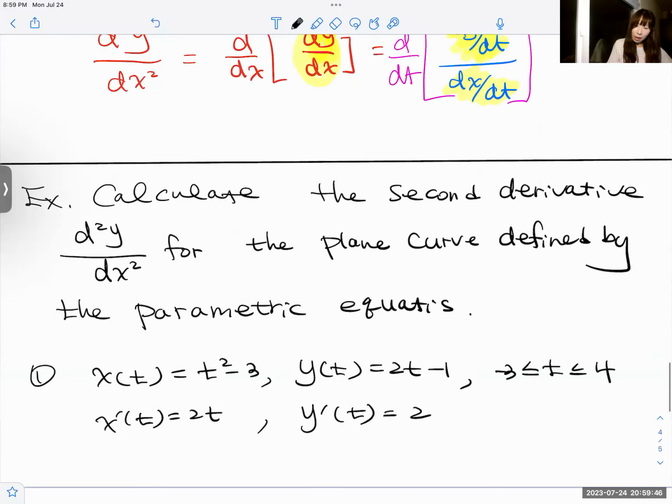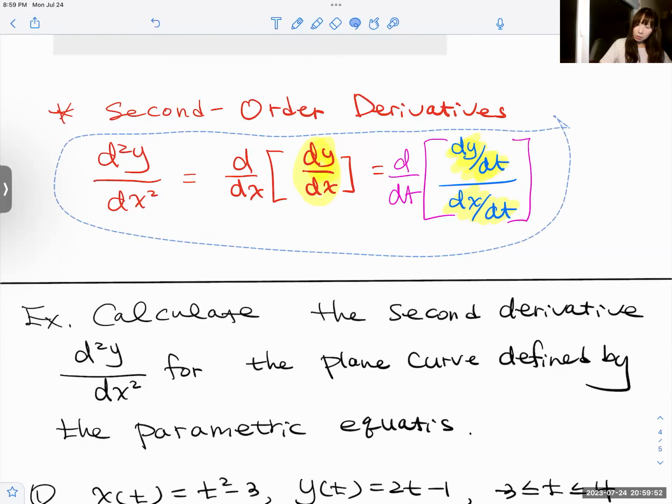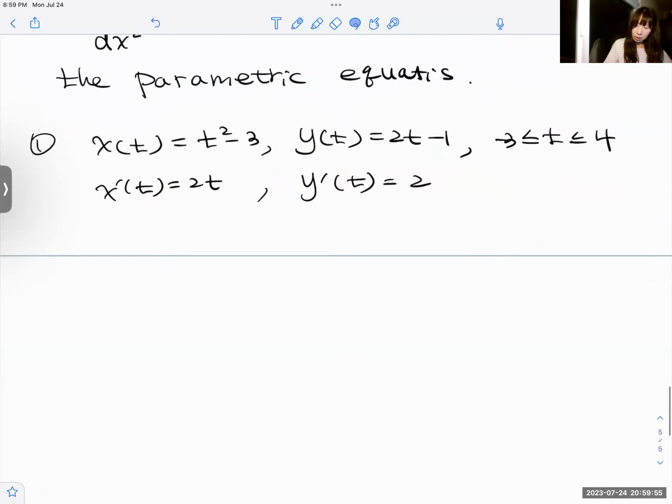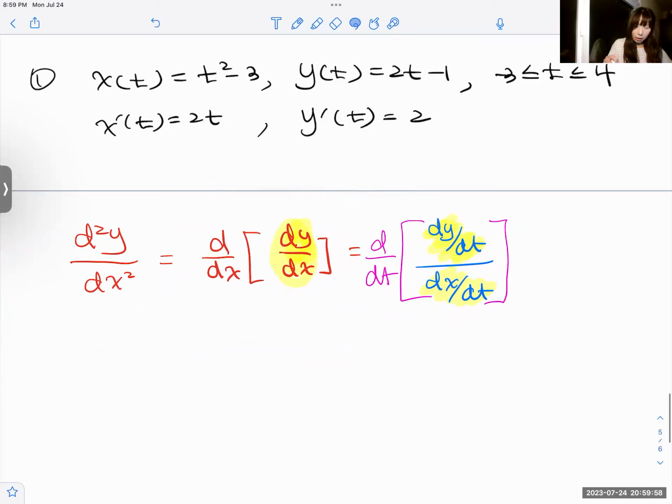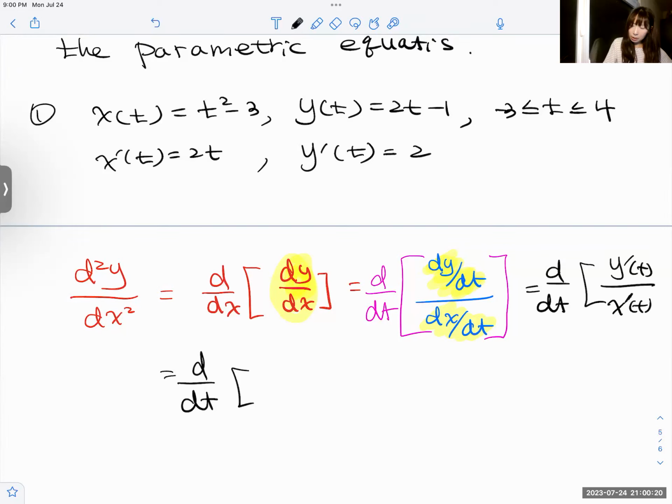Okay, so we have the formula here, right? So that will be d over dt of y prime of t over x prime of t.